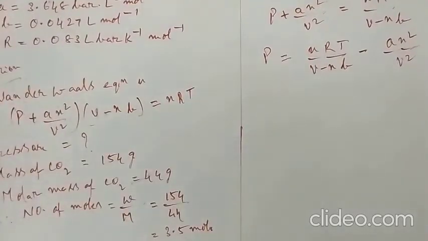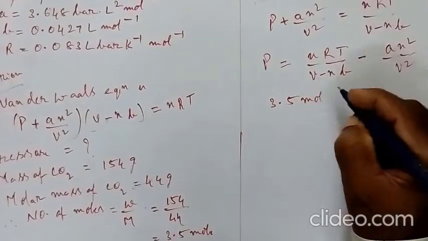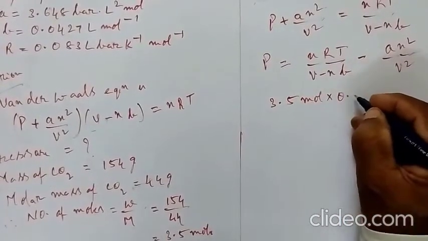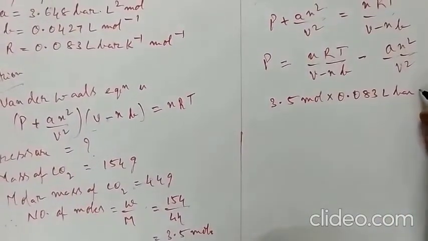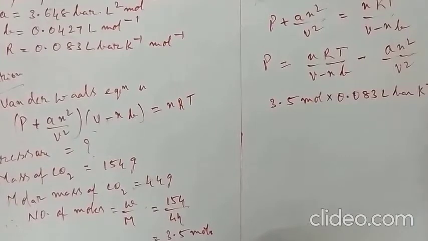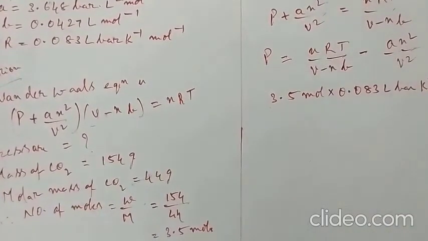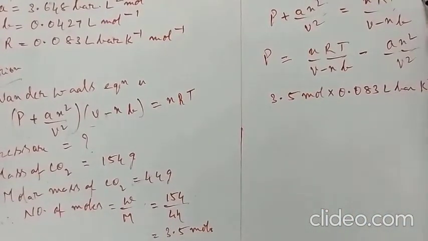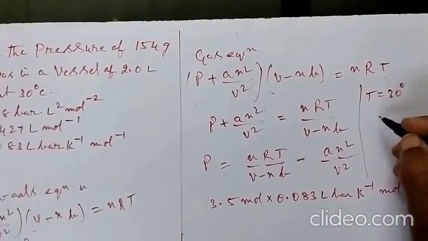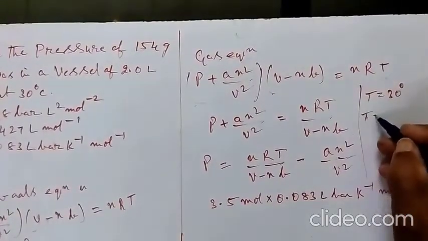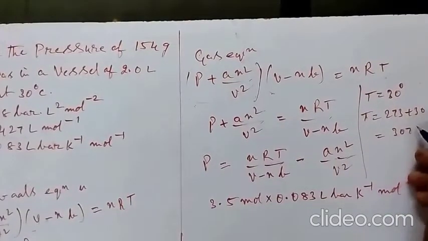So what are the values here? n is 3.5 mole into gas constant 0.083 liter bar K minus 1 mole minus 1 into temperature. T is 30 degrees given. Therefore T equal to 273 plus 30 is equal to 303 Kelvin.